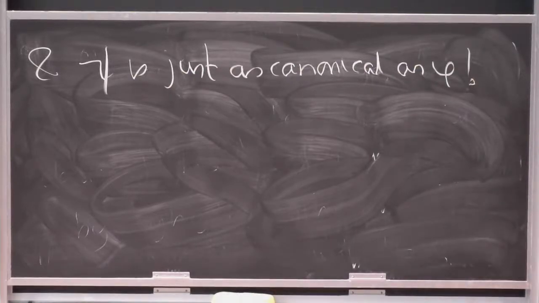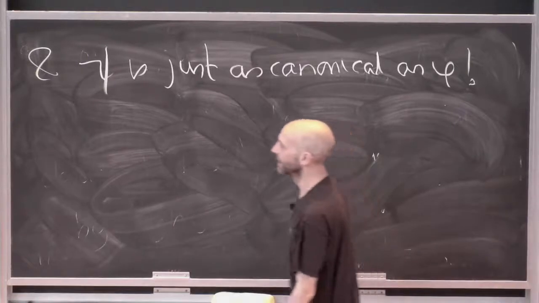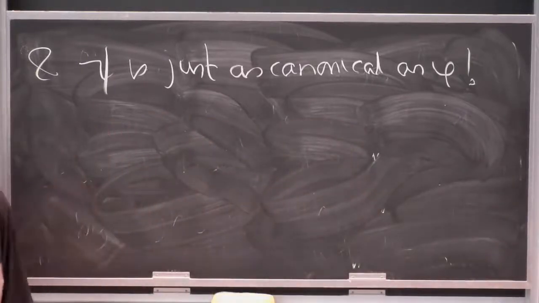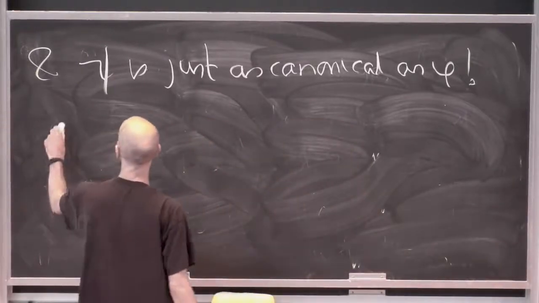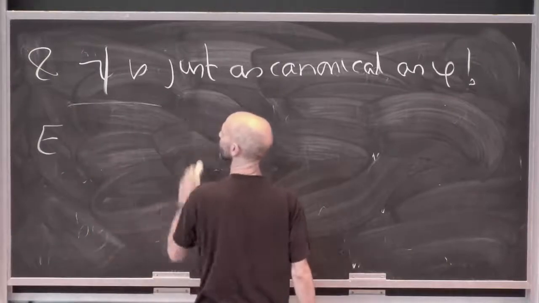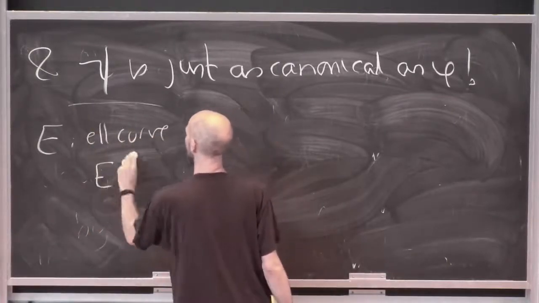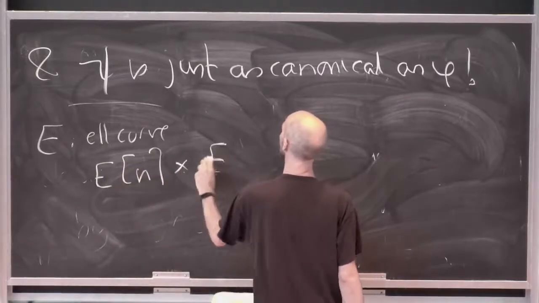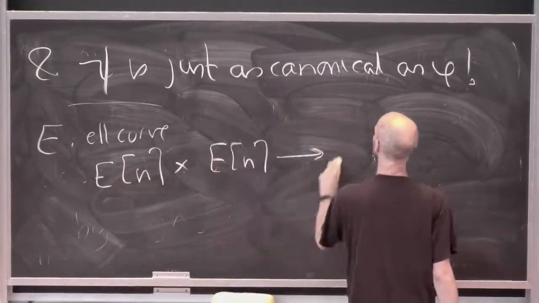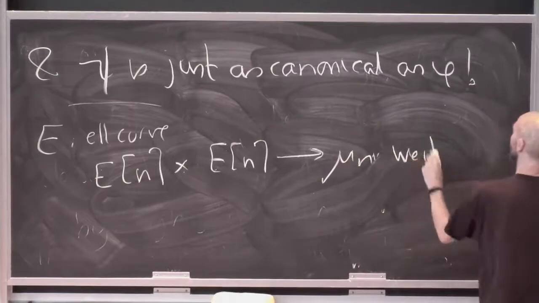So when I was a graduate student, I had to read this book by Katz and Mazur. And the first time I saw it, it was in the Weil pairing. If E is an elliptic curve, then there's some pairing on E[n] cross E[n] to μ_n. It's the Weil pairing.